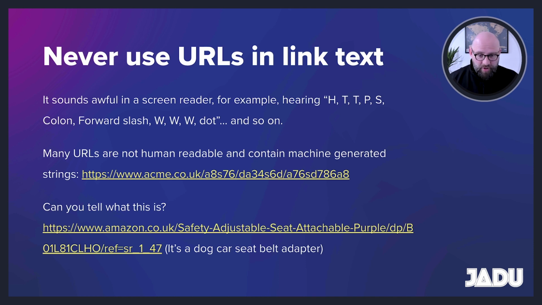Now, I read that out on purpose to give you an idea of how tedious it would sound to a screen reader user. For reference, the link points to a dog car seat belt adapter.